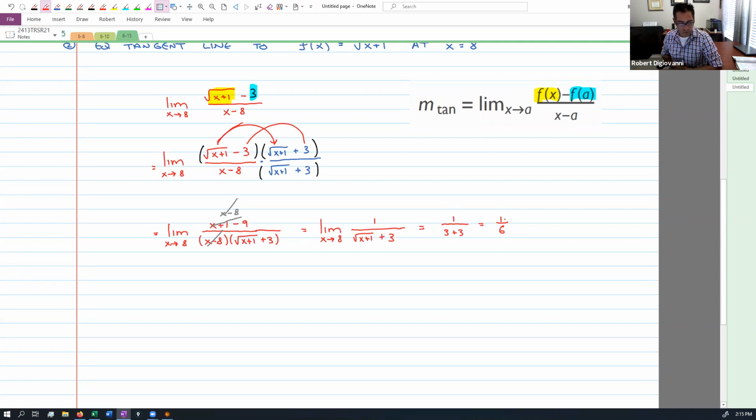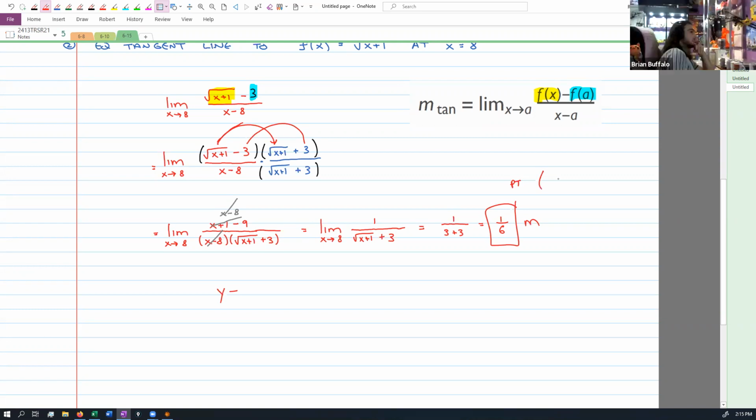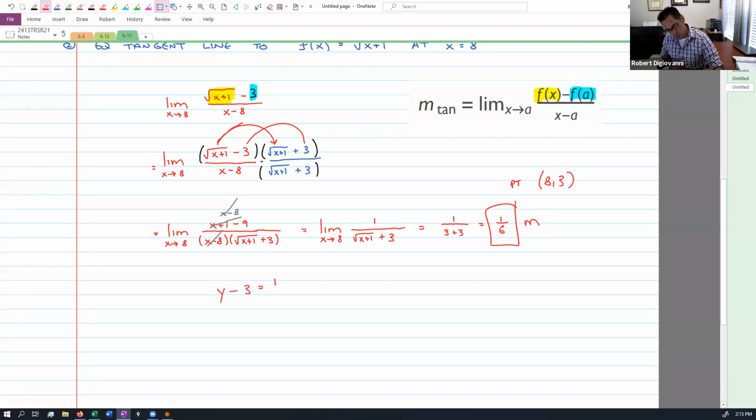Now, when we use our formula, y minus y1, well, okay, so this is the slope. What's the point we're working with here? 8, 3, right? 8's the x value, you plug it in, you get 3 comes out. So it should be y minus 3 equals 1/6 times x minus 8.